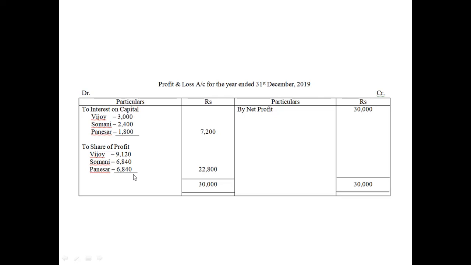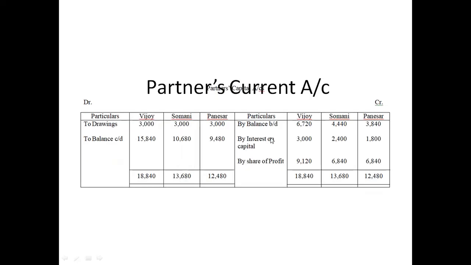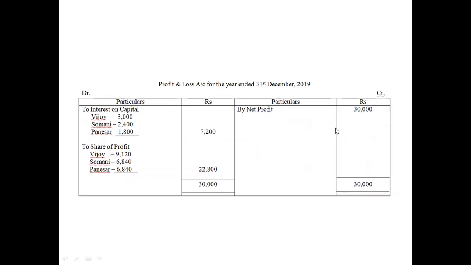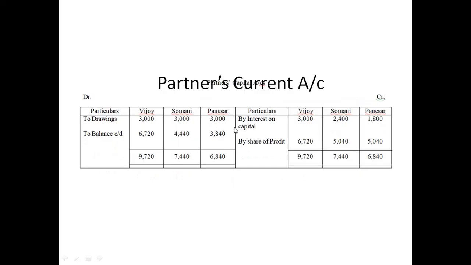After this we prepare the partners current account. In the partners current account, we start with the balance which we already found in the first year, that is 31st December 2018. So here is the continuation of that particular work.